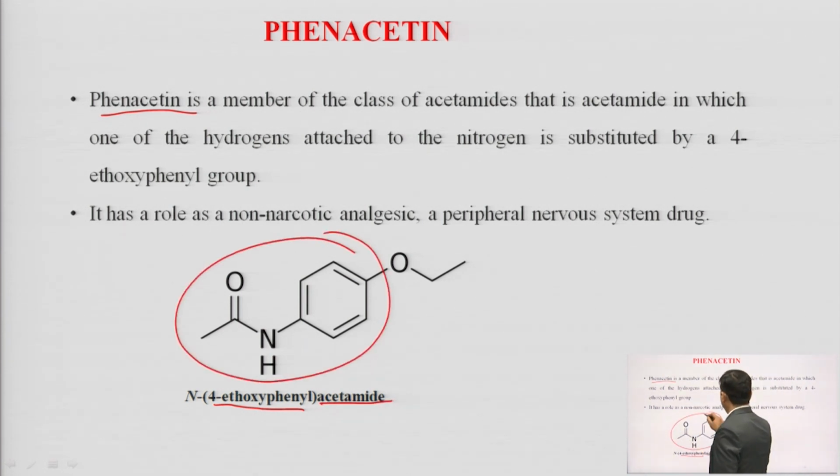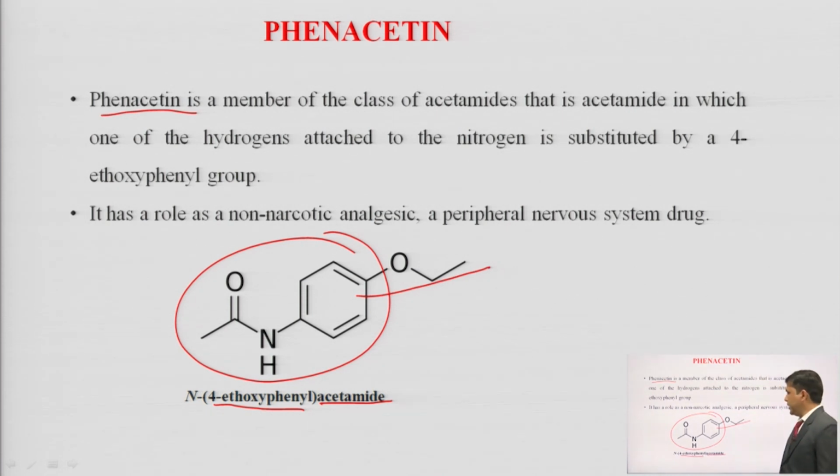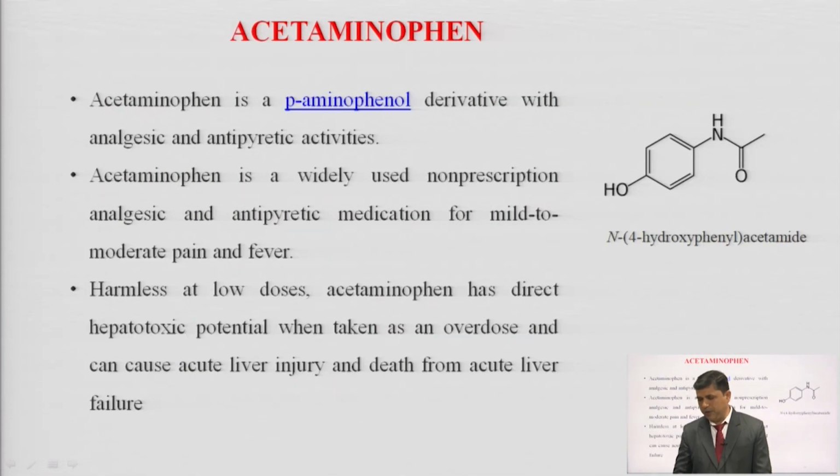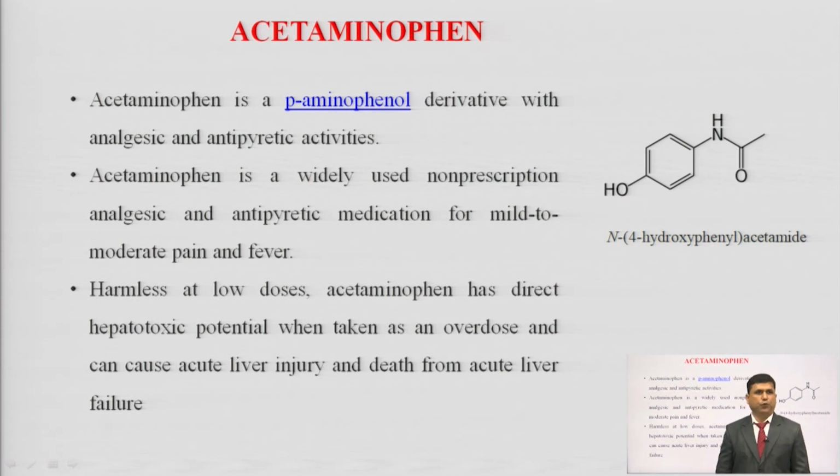This is the structure of acetamide, and at the fourth position there is the ethoxyphenyl group. It is an acetamide in which one of the hydrogens attached to the nitrogen is substituted by a 4-ethoxyphenyl group. It is a non-narcotic analgesic and peripheral nervous system drug. Acetaminophen is a para-aminophenol derivative with analgesic and antipyretic activities.